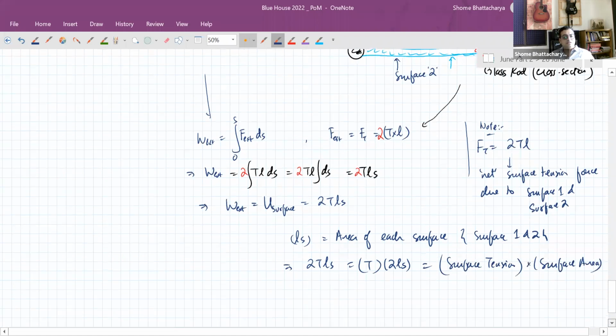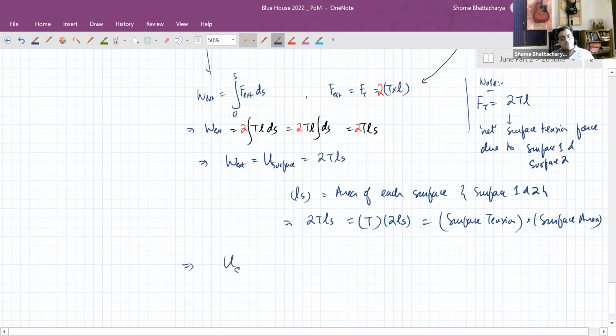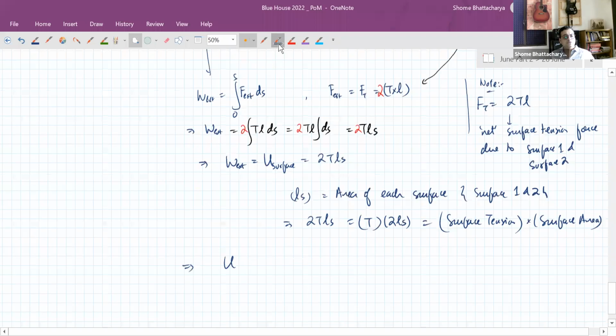So this becomes the other important definition of surface tension, that the energy of a surface, the elastic potential energy of a surface, equals the surface tension multiplied by total surface area.